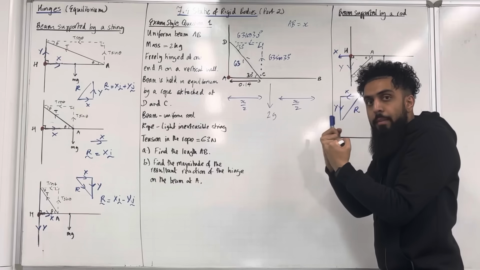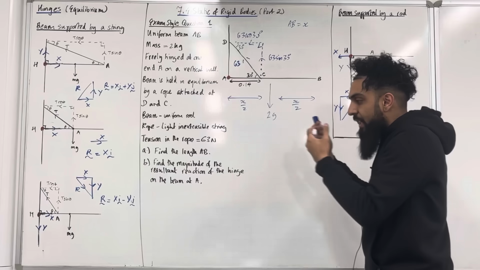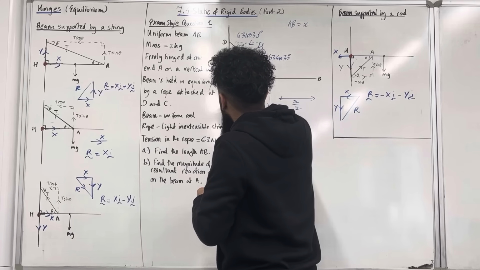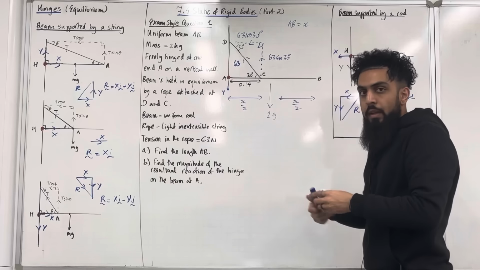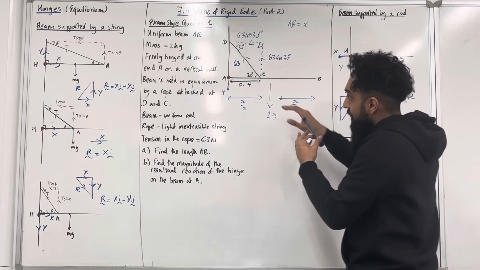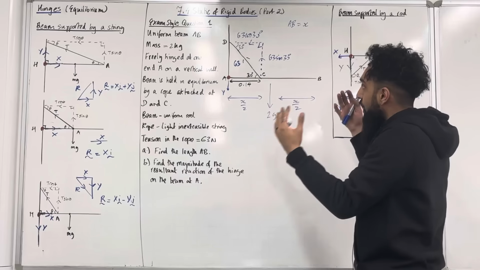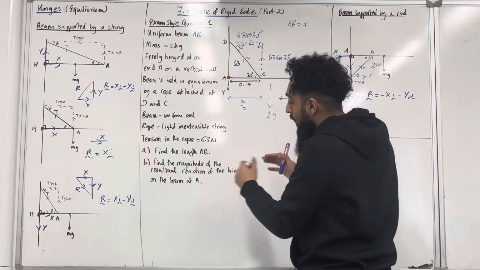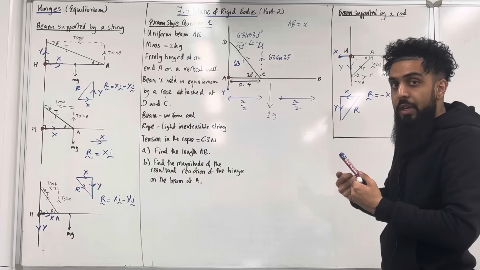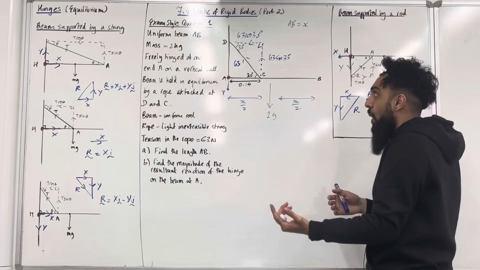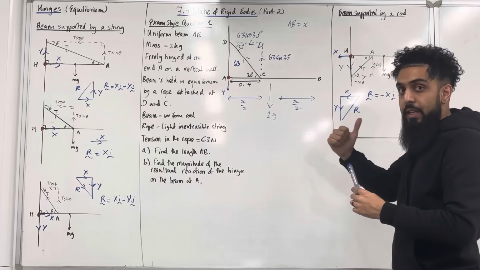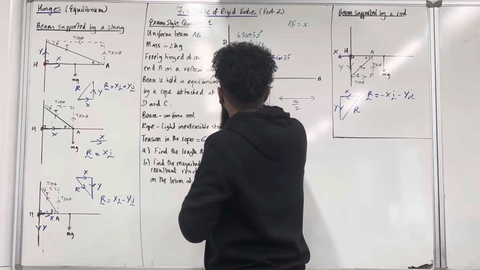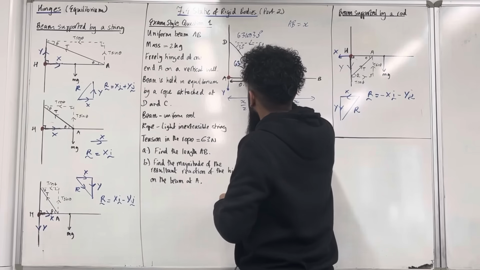So the vertical component of the reaction force released by the hinge on the beam has to act downwards. We can call that Y. Now, if we look at the tension force, 63 newtons, the horizontal component, 63 cos 30, is acting to the left. So, the horizontal component of the reaction force released by the hinge on the beam has to act to the right to maintain equilibrium horizontally. Okay, so we can label it over here, X.